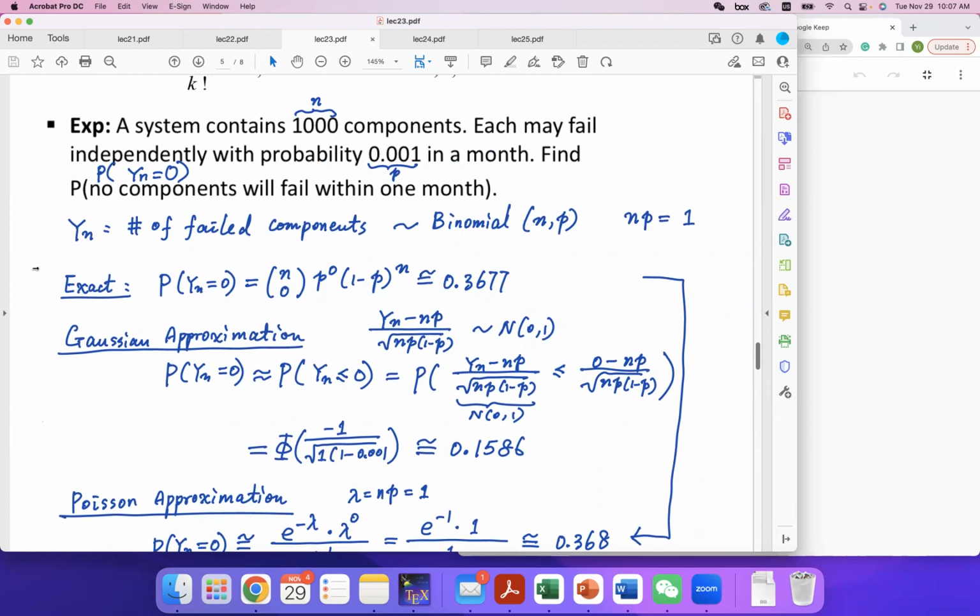Here we're looking at a sequence of binomial random variables. As we perform more and more experiments, the distribution behavior of this Yn is getting closer and closer to certain special distributions. So this motivates us to further study the limiting behaviors of a sequence of random variables.